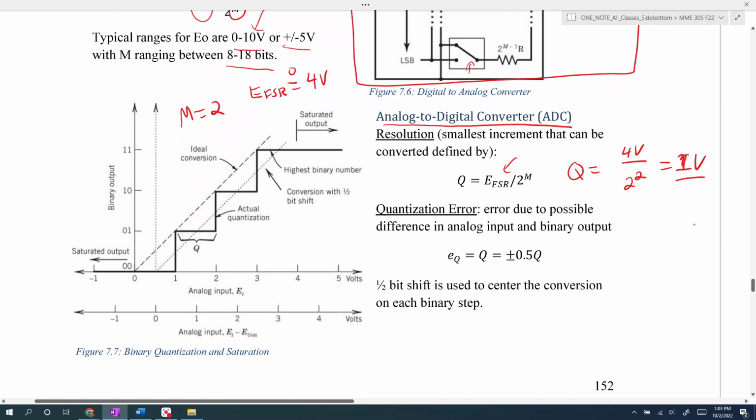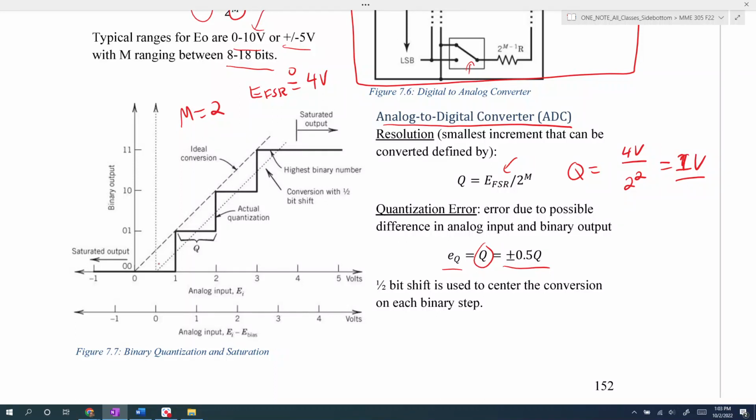Most converters have at least 8 bits. I would say the most common now is probably 10, 12, 14, or even 16 bits. There are ones that can go up to 24, but those are typically used only for very small voltage measurements. If we divide our Q value by a half, we can determine our quantization error.